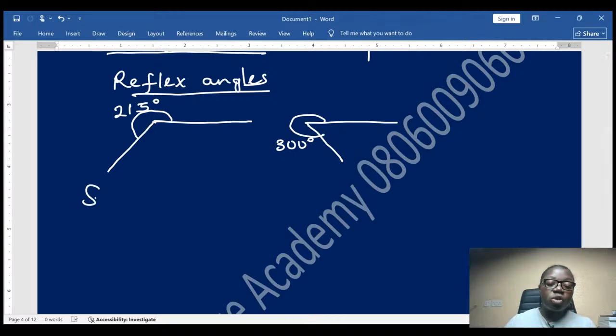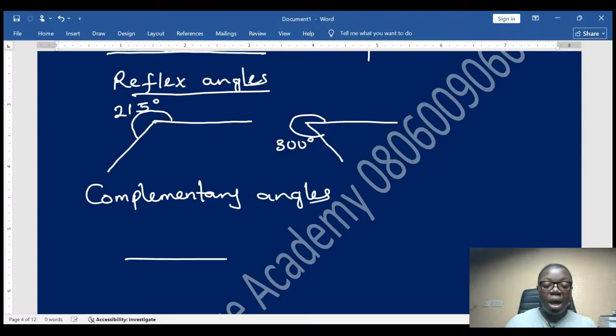Now let's talk about supplementary angles. Firstly, I have explained what complementary angles are. I said that complementary angles sum up to 90 degrees. When you have something like this, in a right angle, you have 46 degrees and 44 degrees.